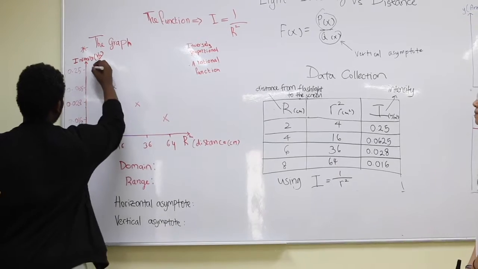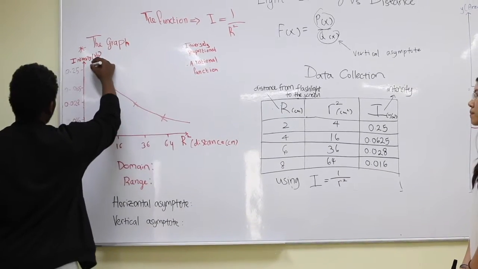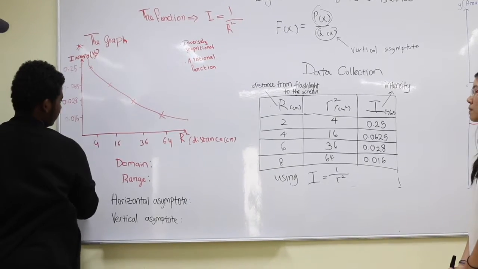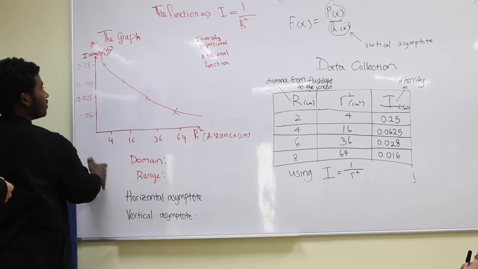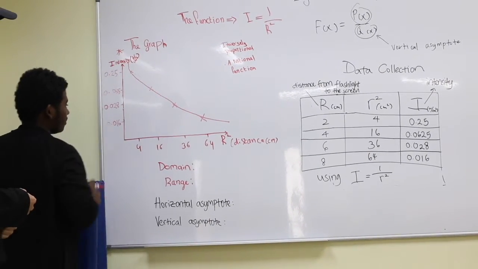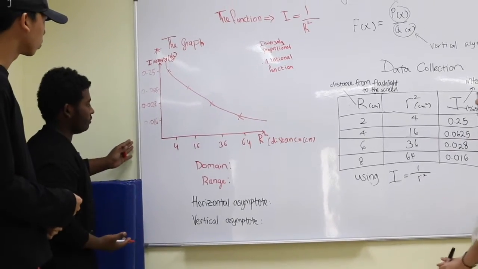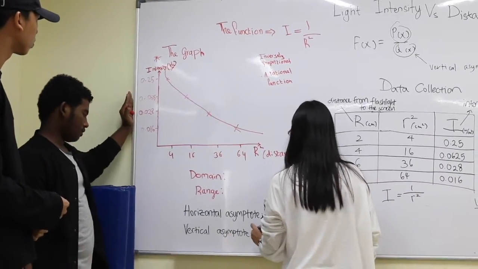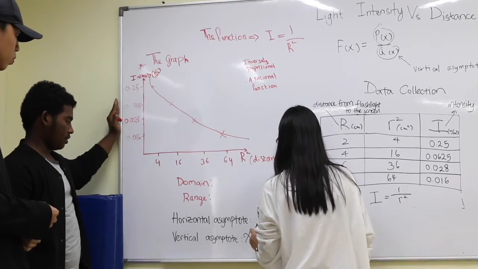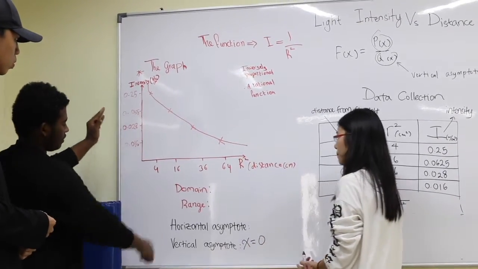This is not really perfect because we're not drawing it on graph paper, but it's just to show you that it has asymptotes. If it has a vertical asymptote and a horizontal asymptote, that shows that this graph is a rational function. In this case, our vertical asymptote is the y-axis, so x equals 0.